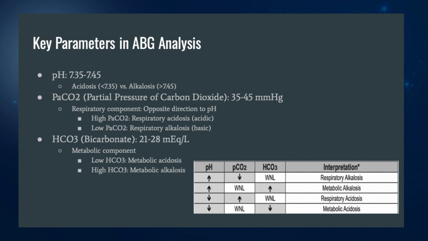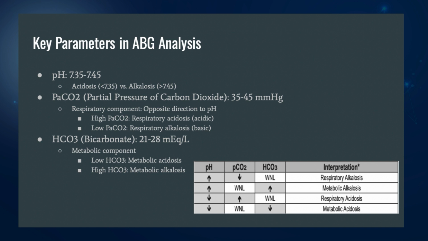If you look at the second and third rows, if the pH is high, we see alkalosis, either respiratory or metabolic. And in the final two rows, where the pH is low, we see acidosis.